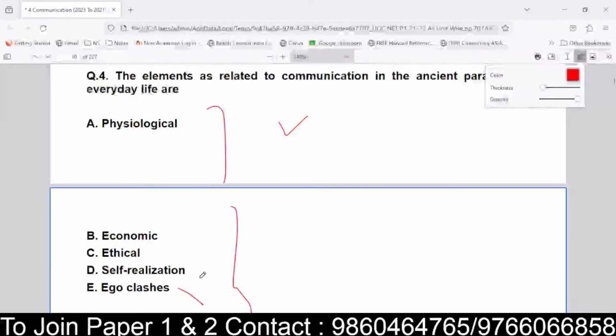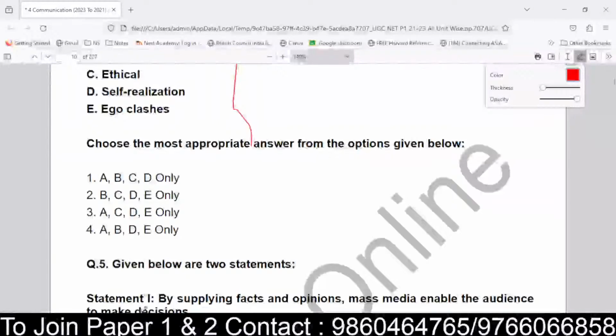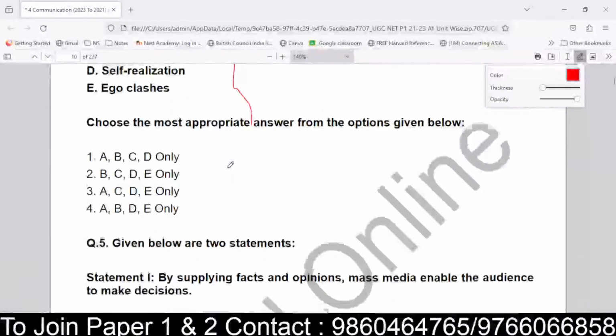It was not something talking about the pattern of communication in old times, so it was not a pattern in everyday life. So ego clashes is cancelled. So A, B, C, D, it's nothing but your option number A, that is 1, right?